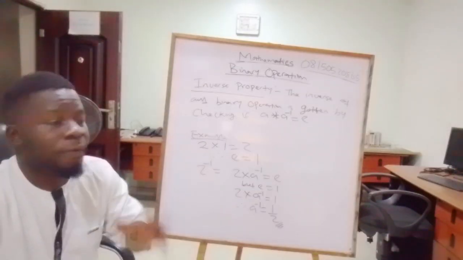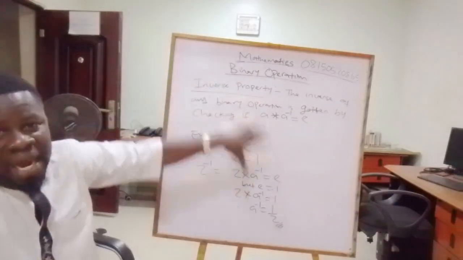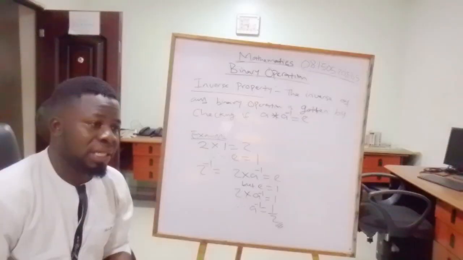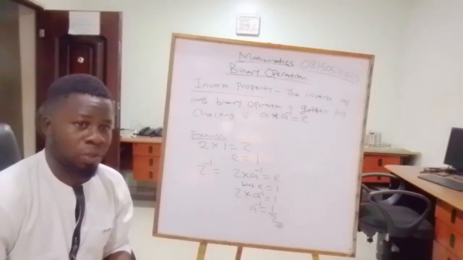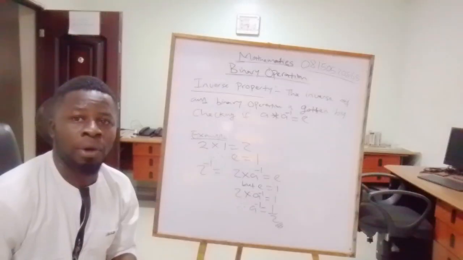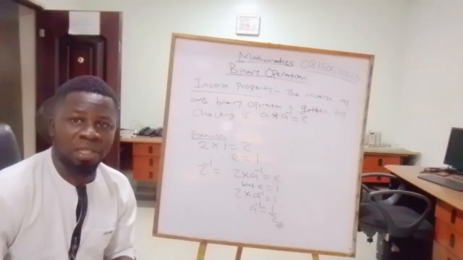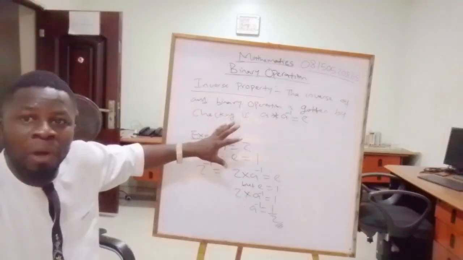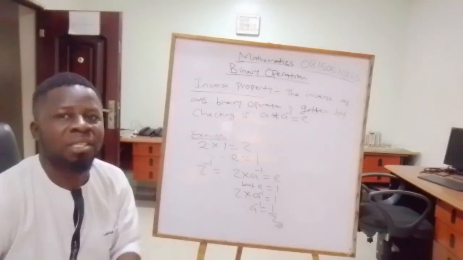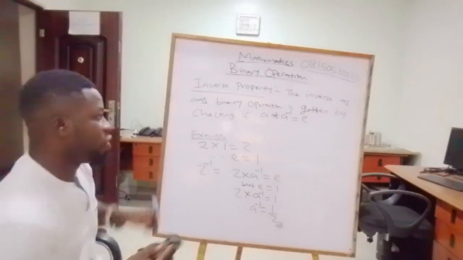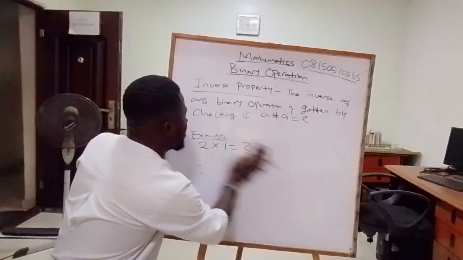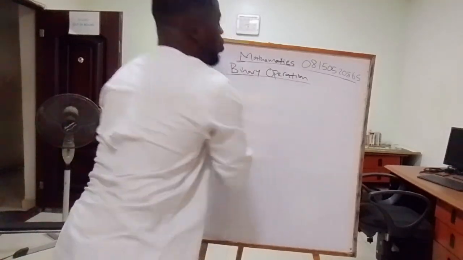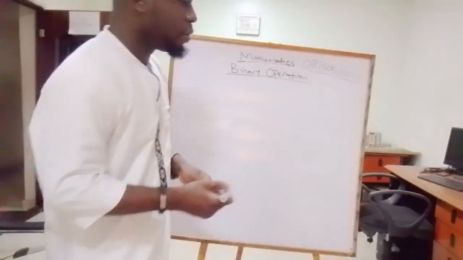In part 2, we'll solve questions on binary operation, whereby you can be asked to find the inverse, find the identity element, check if it's closed, commutative, associative, or distributive. So this part 1 is all about the foundation that you need for your binary operation. So let's see the last one here, the distributive property.